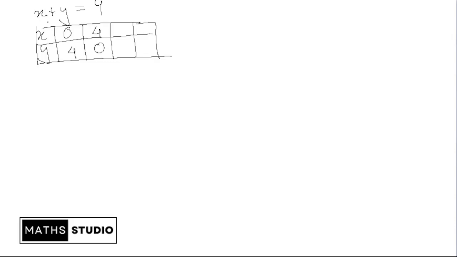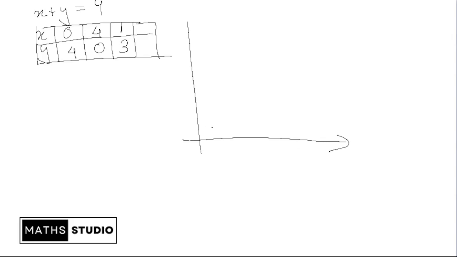If x is 4, y will be 0. So 2 points we have already found. Third point could be when x is 1, then what will happen? This 1 will go on the other side and it will become 4 minus 1, 3. So y will be 3. So these 3 points are sufficient to plot the things.